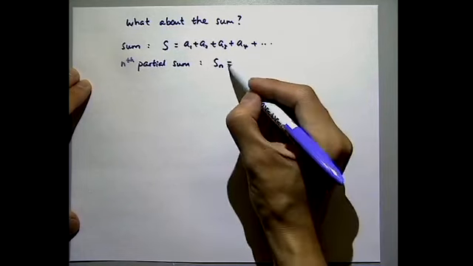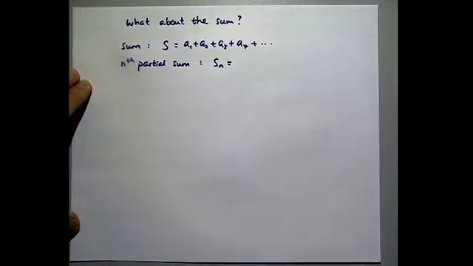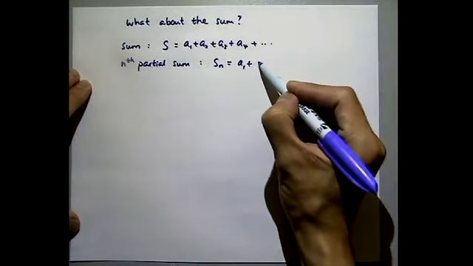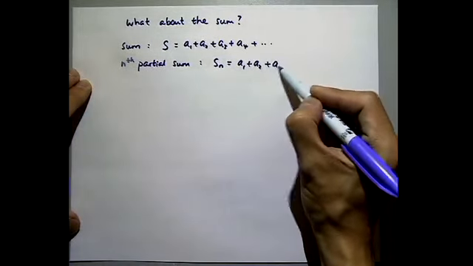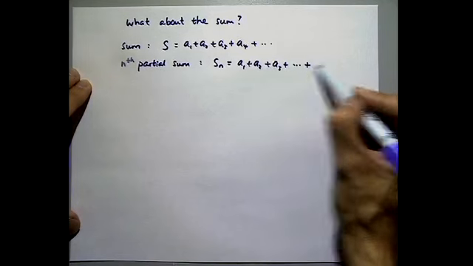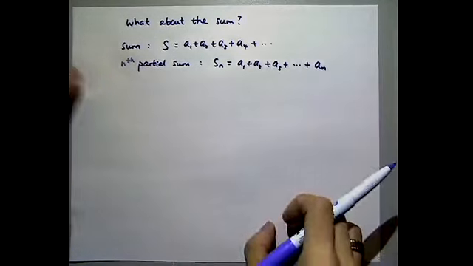So let's use S for the total sum, and the nth partial sum is A1 plus A2 plus A3 plus all the way up to An. Okay?